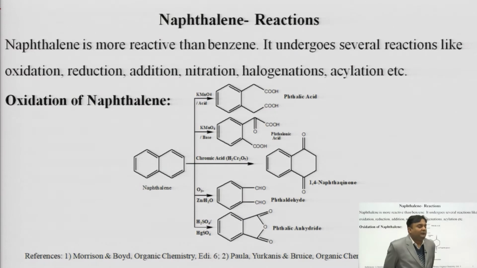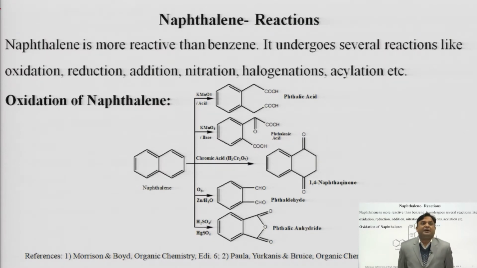That position of the p orbitals forms electron clouds above and below the benzene ring. Because of that electron cloud, electrophilic substitution reactions take place easily in benzene, while nucleophilic substitution reactions are very difficult.